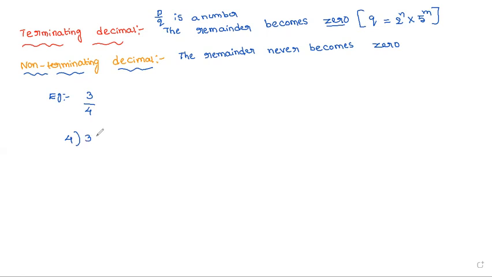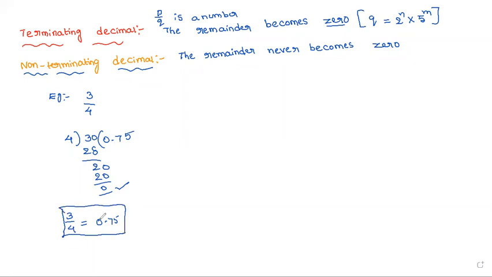So in 9th class, how to follow: taking 0, 4 7s are 28, remainder is 2, taking 0, 4 5s are 20. So after 0.2 decimal, 3 by 4 is equal to 0.75. Remainder is 0, then it is called a terminating decimal, and the decimal expansion of 3 by 4 is 0.75.